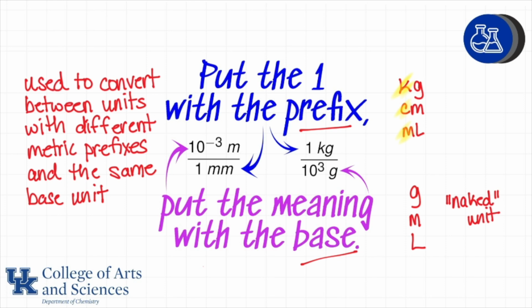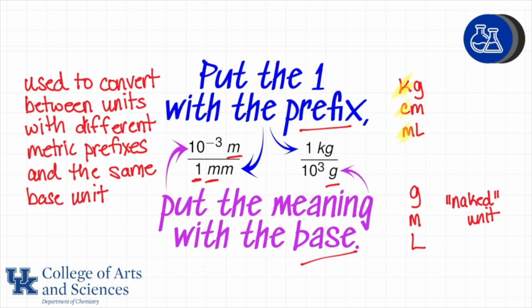Notice when I set up the fractions here, it doesn't matter whether my base, my naked unit, is on the top or on the bottom. That's going to be predicted by how we're setting up our actual calculation, but the rule still stays the same. I put the 1 with the prefix, so here I have a 1 with the millimeters, and the meaning: if I go back to my metric prefix table, the meaning of milli is 10 to the minus third, and so I put that with the base, or the naked m.